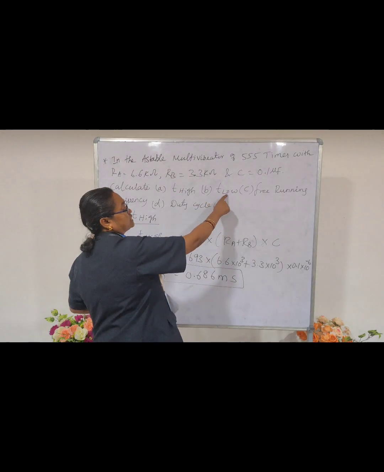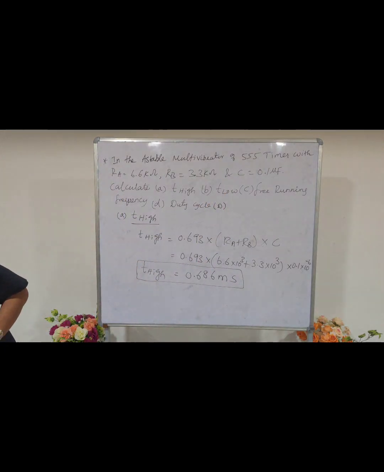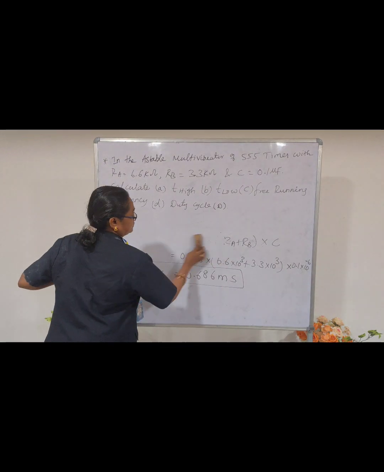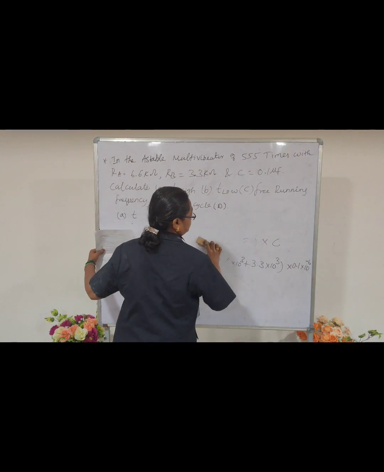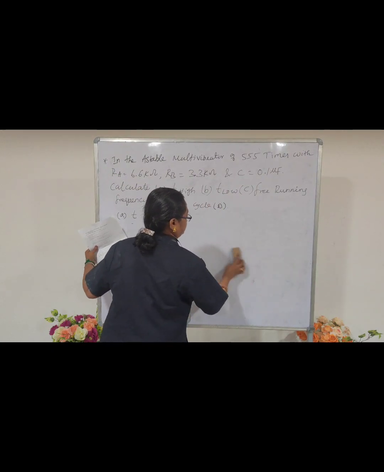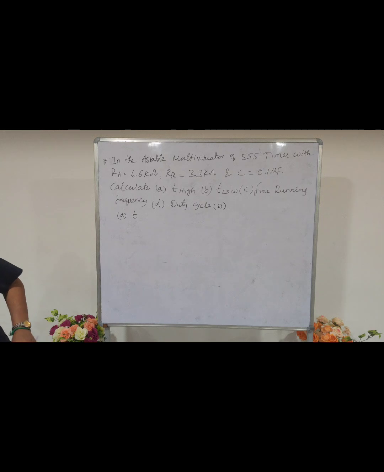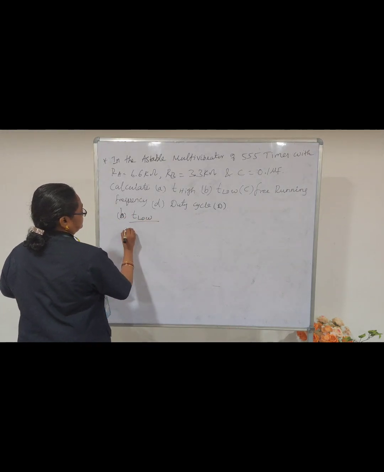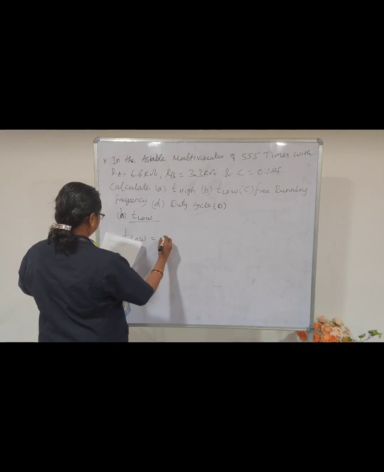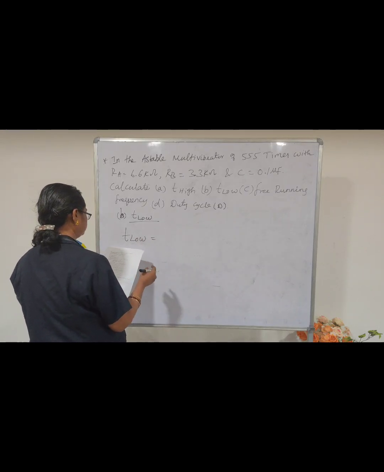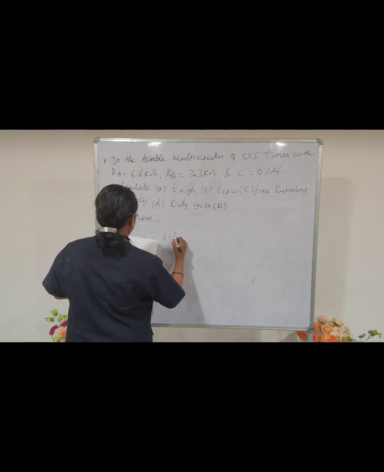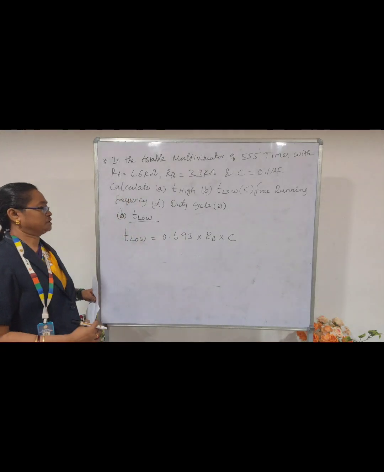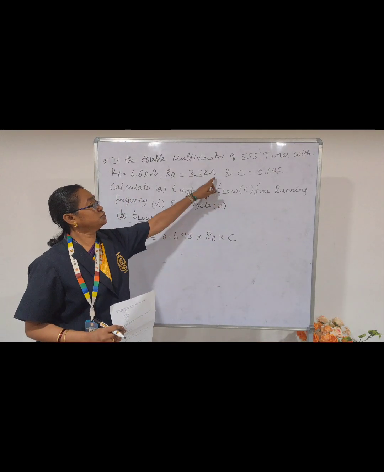Then you have to calculate T low value. T low equal to 0.693 into RB value and C value that is given in the problem.